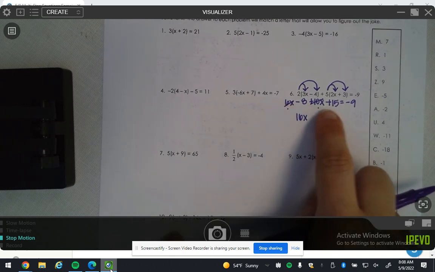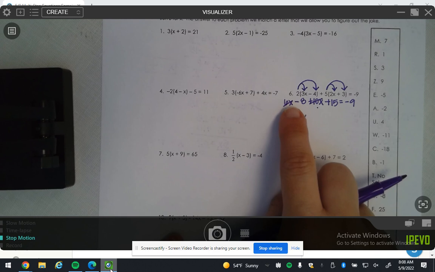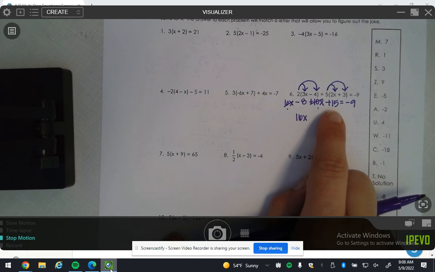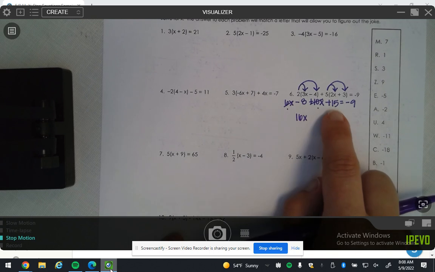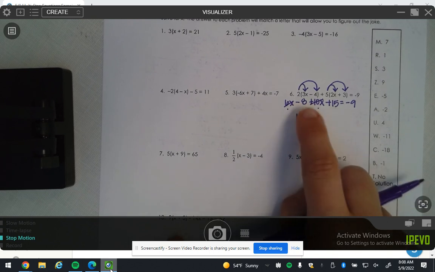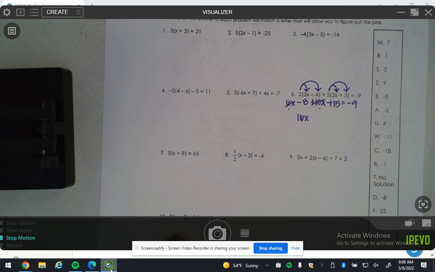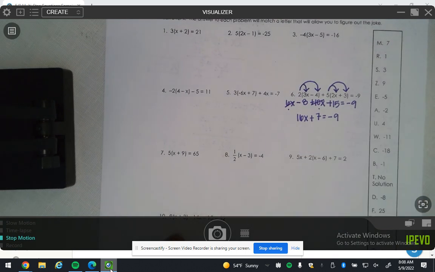Just look on the left side. What's left? A -8 and a +15, right? Those are like terms. Just because one's positive, one's negative doesn't mean they're not like terms. They're just numbers. So in your calculator, you need to do -8 plus 15. Because when I combine them on the same side, I keep the sign the same. What is -8 plus 15? So plus 7 equals -9.